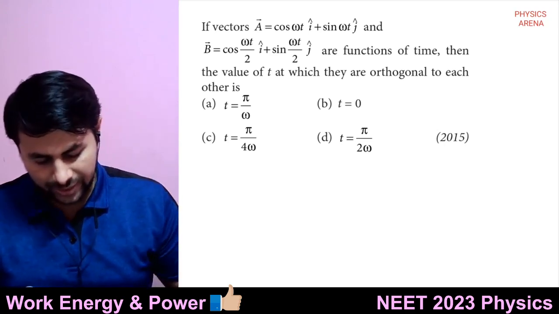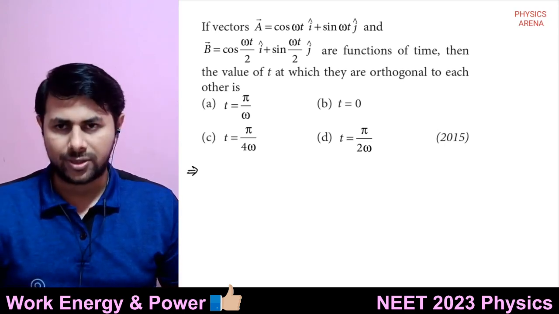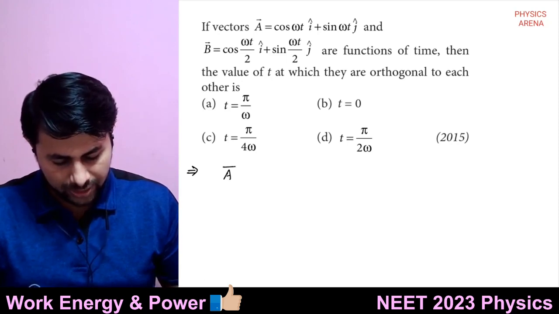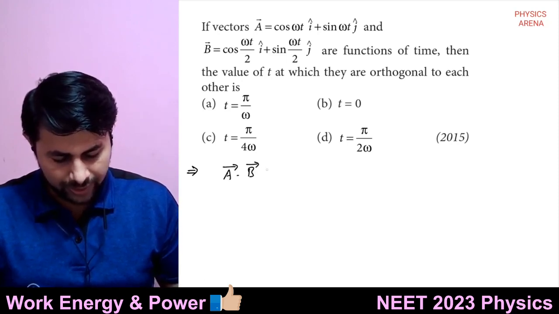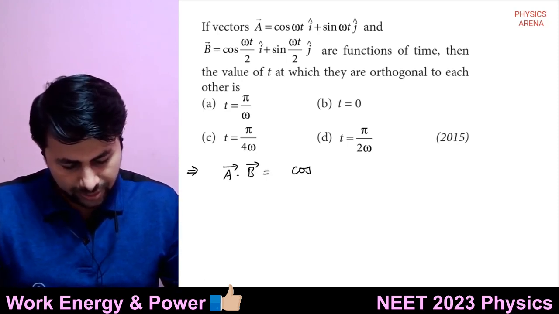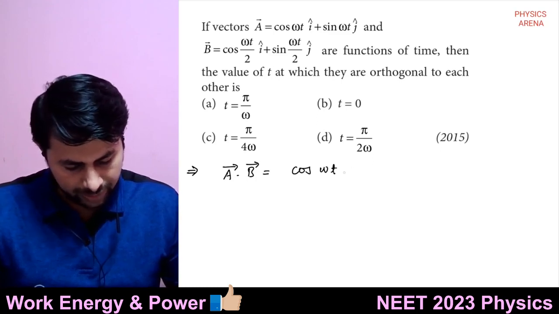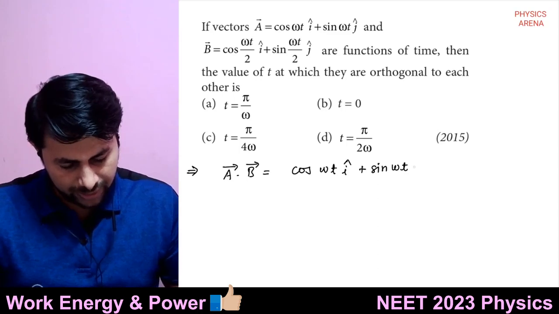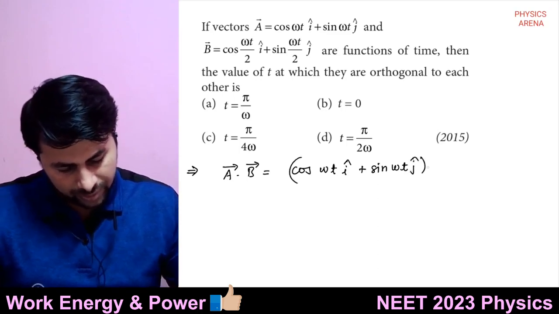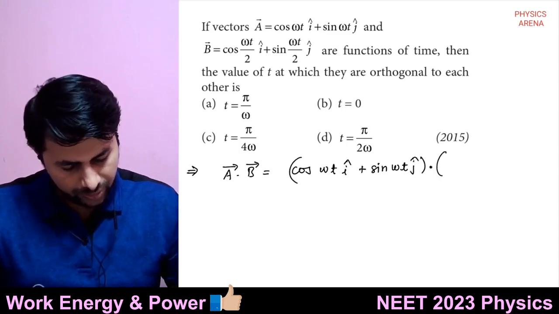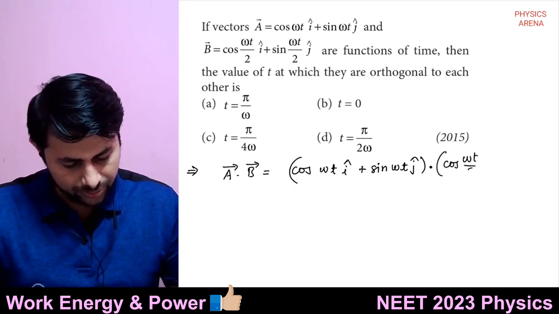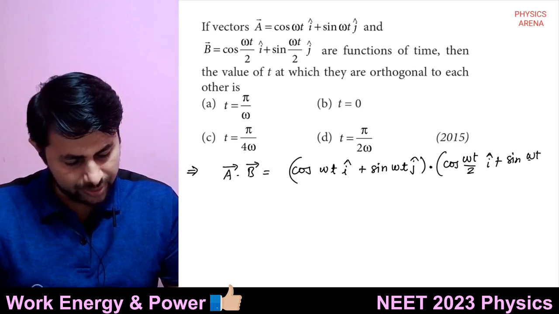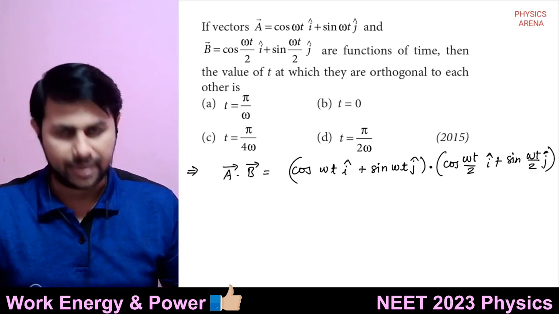When two vectors are perpendicular, orthogonal to each other, the dot product is equal to 0. So A bar dot B bar is cos of omega t multiplied by I cap plus sine of omega t multiplied with j cap. Its dot product with cos of omega t by 2 into I cap plus sine of omega t by 2 times j cap.